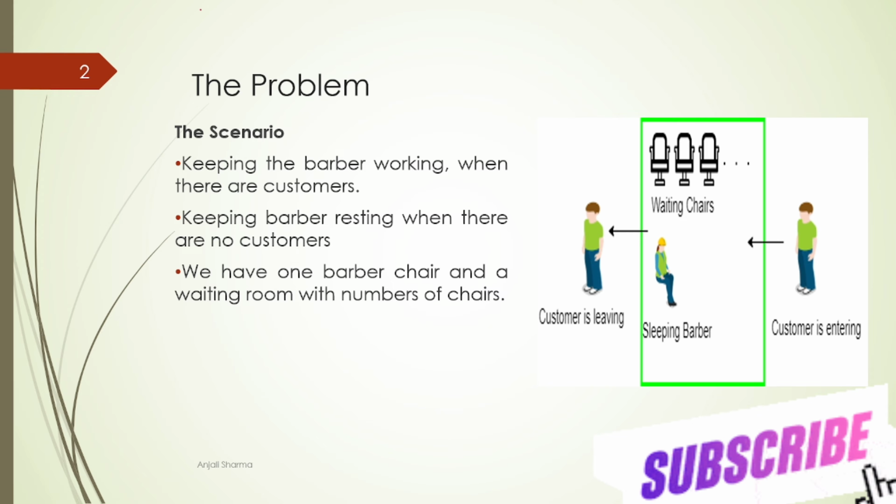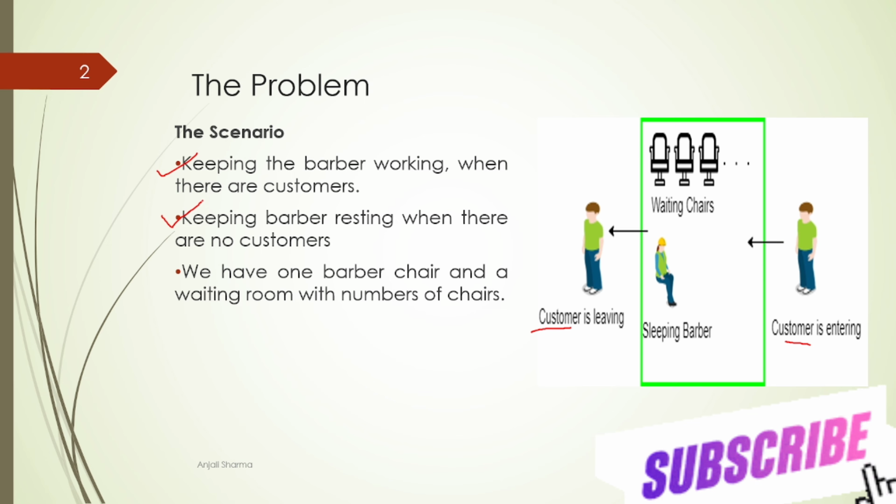So what is the scenario? The scenario is keeping the barber working when there are customers. Whenever we have customers in the shop, the barber needs to be working. That means it is essential for the barber to cut hair if there is any customer in the shop. So the first requirement is this. The second one is keeping the barber resting when there are no customers.